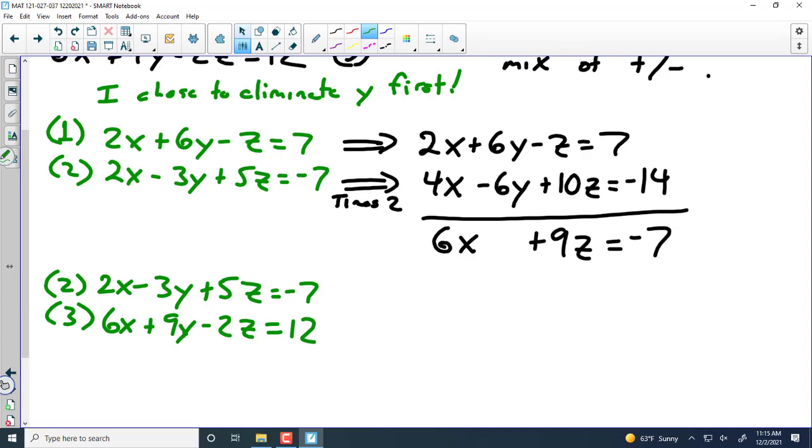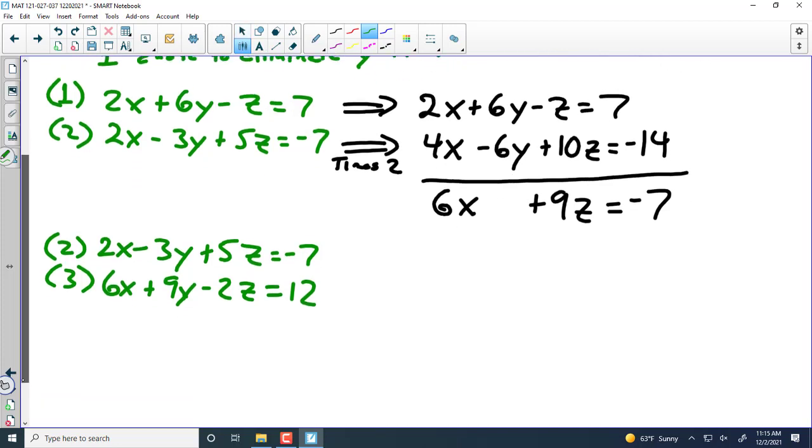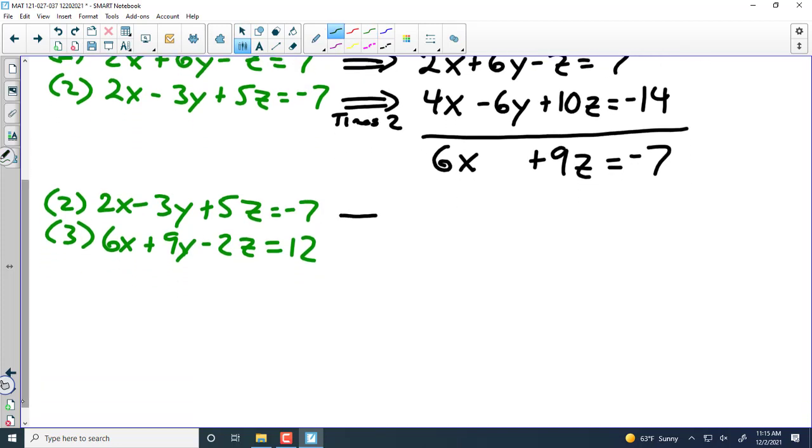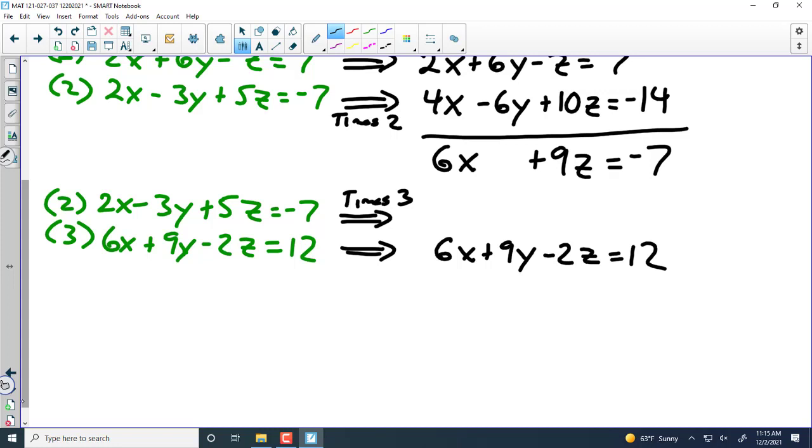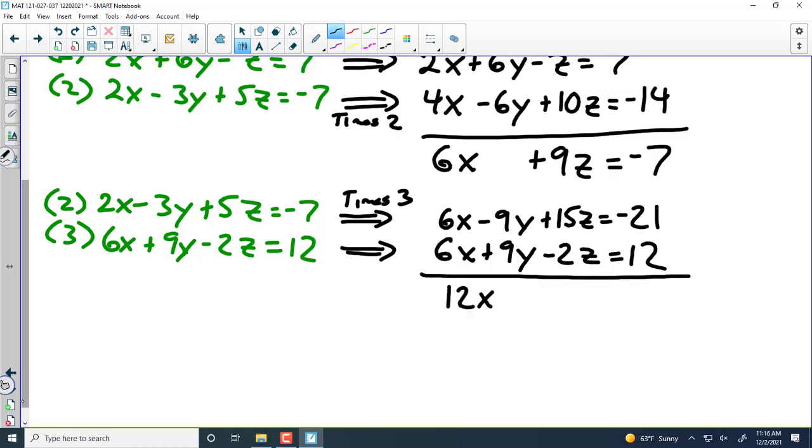You can do this. You should be getting 12x plus 13z equals -9.